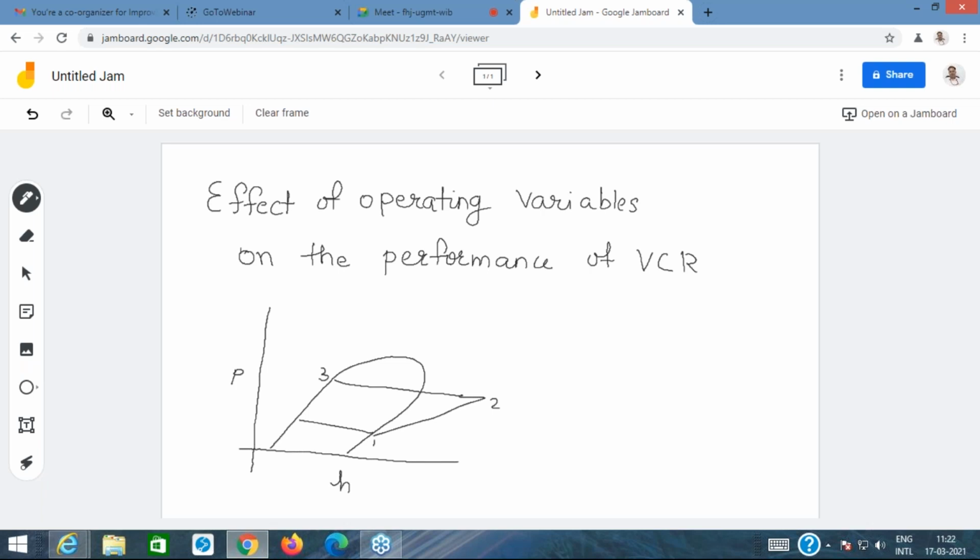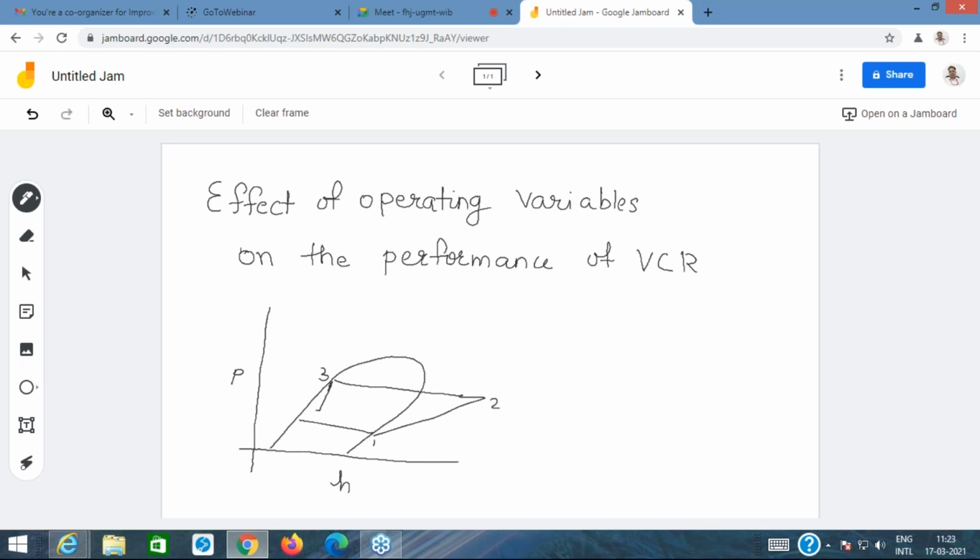There is a sensible cooling and then there is a condensation. So this process ideally should be at constant pressure, and then the process 3 to 4, as you know, is an irreversible process. It is an isenthalpic process.